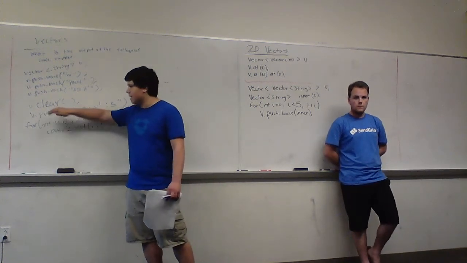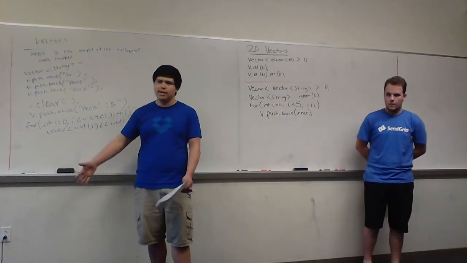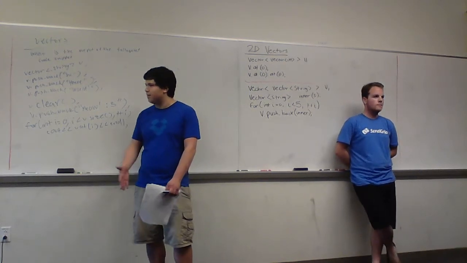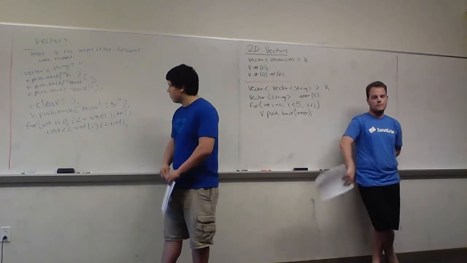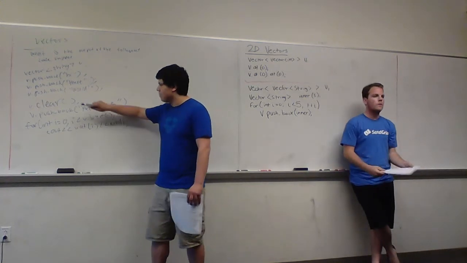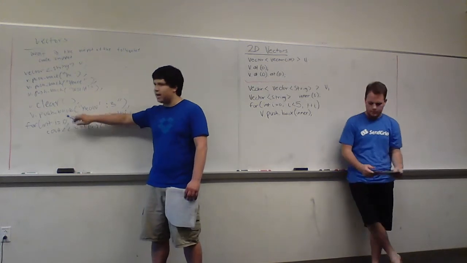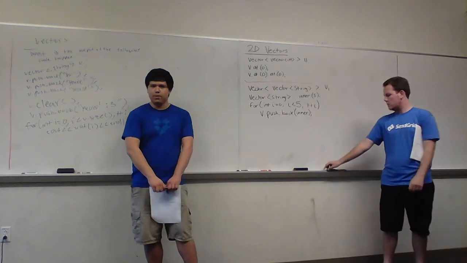This one is the one that actually does the action. It destroys everything. So everything in my vector is gone, my entire vector is empty, and my size is now 0. And why this prints out meow is because after I clear out this vector, I add an element to it. I add meow, and that's the output.